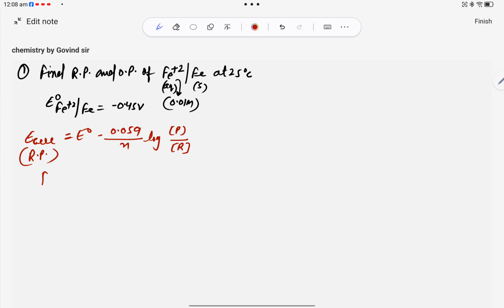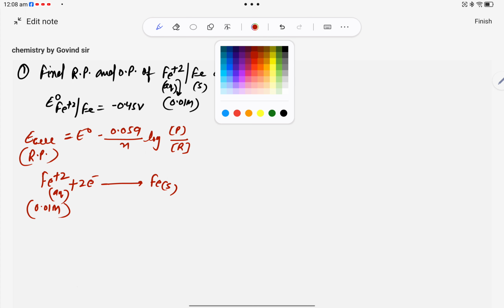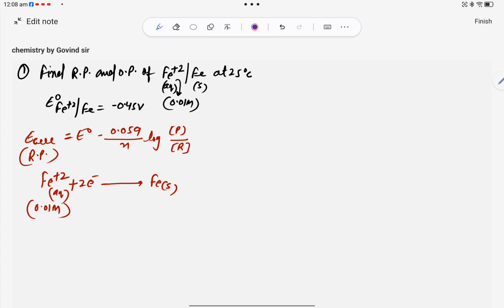Reduction potential means Fe+2 is accepting 2 electrons and converted into Fe solid. That is the equation, and the concentration is 0.01 molar. In that case, one thing you have to note: for pure solid and liquid.